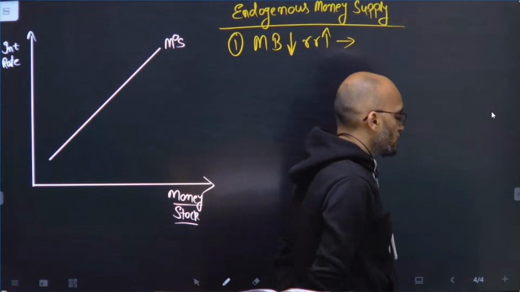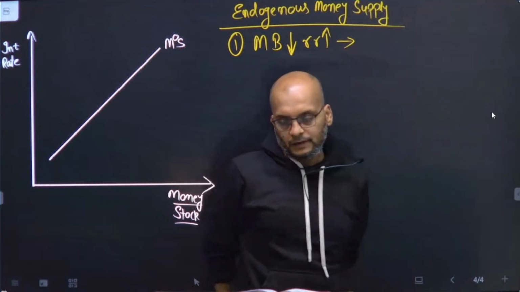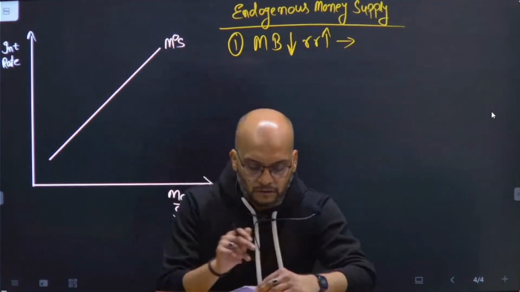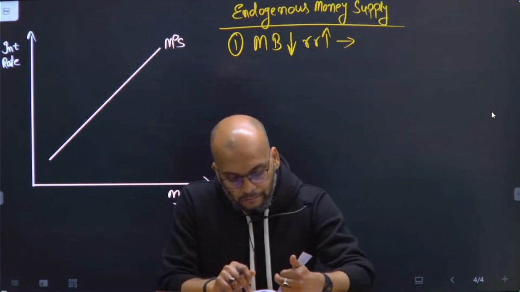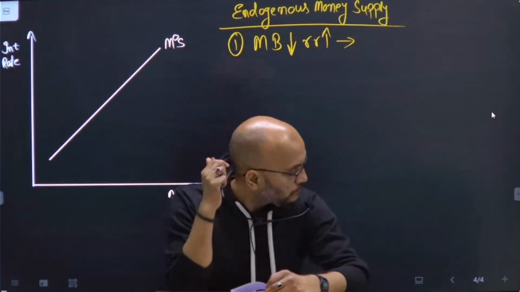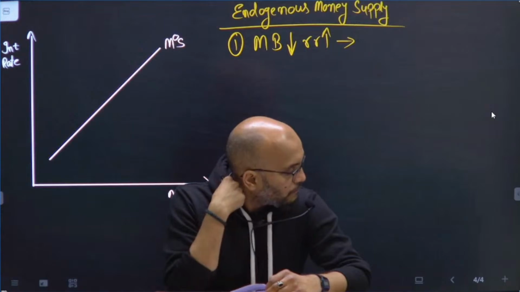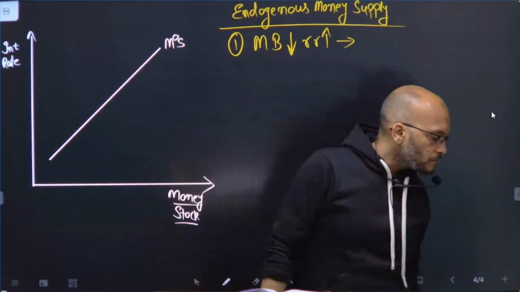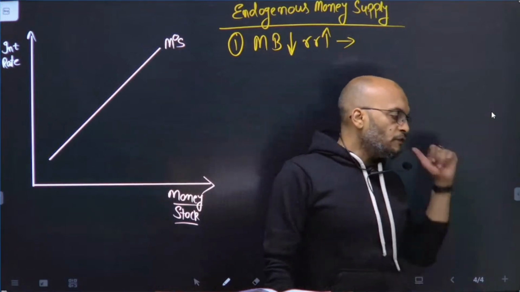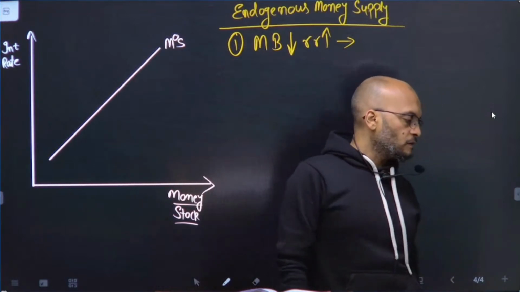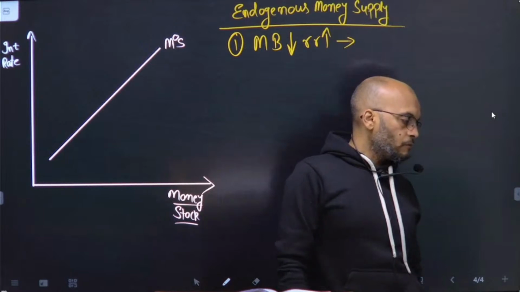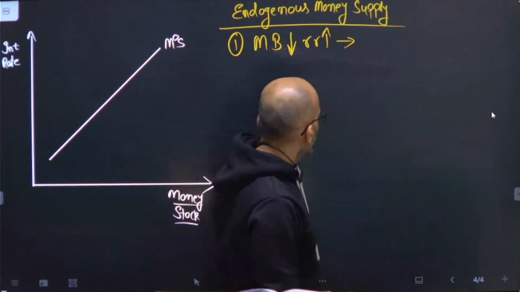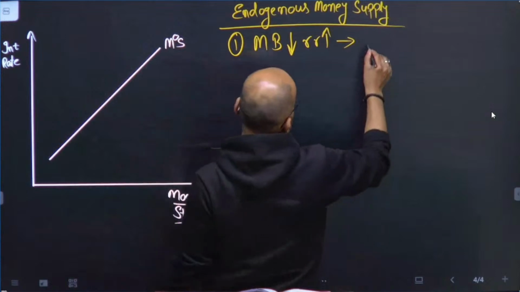Sakshi, Simran, Jyotika. So money supply will decrease. Money supply will? Decrease, sir. So what will happen to the curve? Sir, it will shift to the left side, sir. Backward shift हो जाएगा. Yes, sir. Yes.